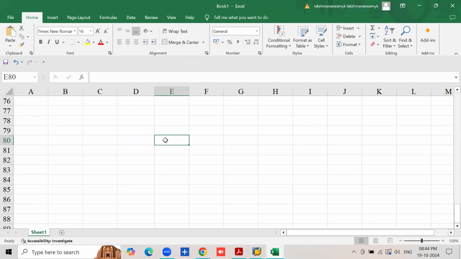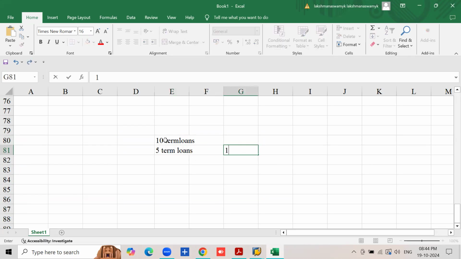Means, for example, we have taken 10 term loans. On 5 term loans, we are paying 12%. So for this, we define a reference rate of interest.